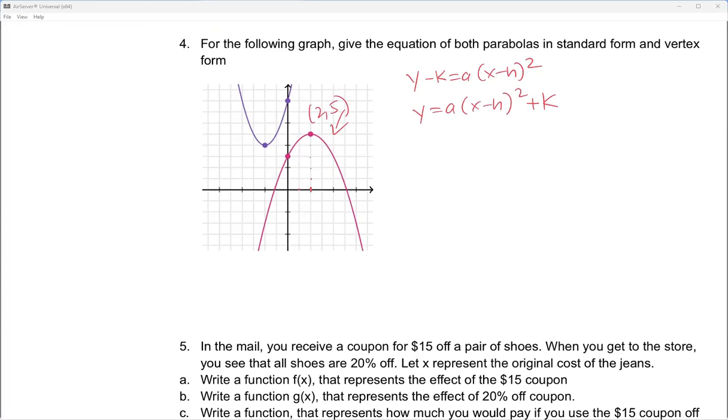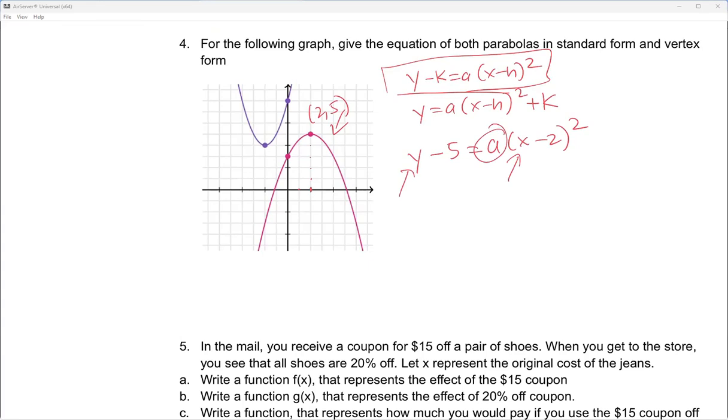So what I'm going to do is plug it in. Let's use the top one. Y minus 5 is equal to a and then x minus 2 squared. Everybody understand that so far? We kind of did this at the drug companies one. Remember that allergy and flu medication one? Then what are we going to do? We're going to plug in any point on this parabola for the x and y so that we can find the a right here.